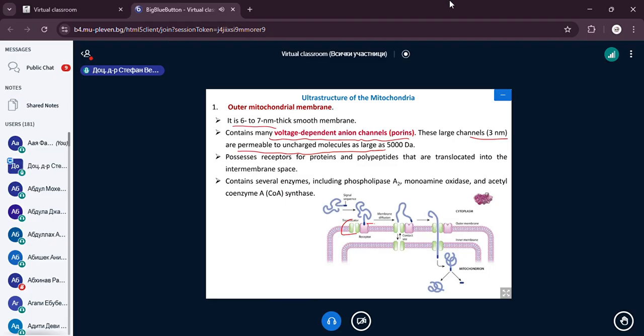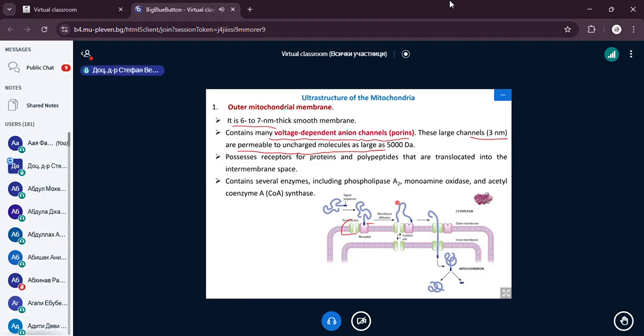And when the prokaryotic cell is being engulfed by the eukaryotic cell, it is being covered on the surface by the plasma membrane of this cell. And then on the inside, we have the prokaryotic cell. So mitochondria with their two membranes.